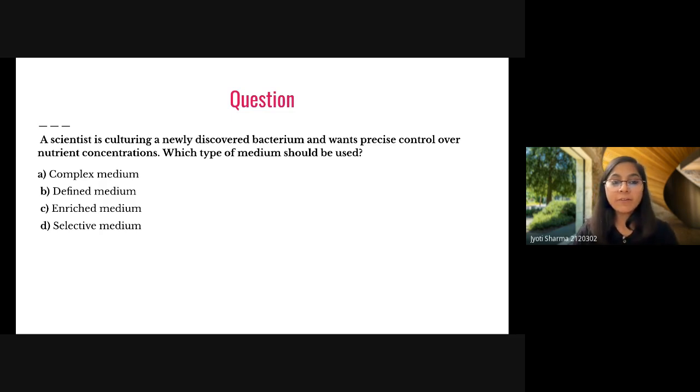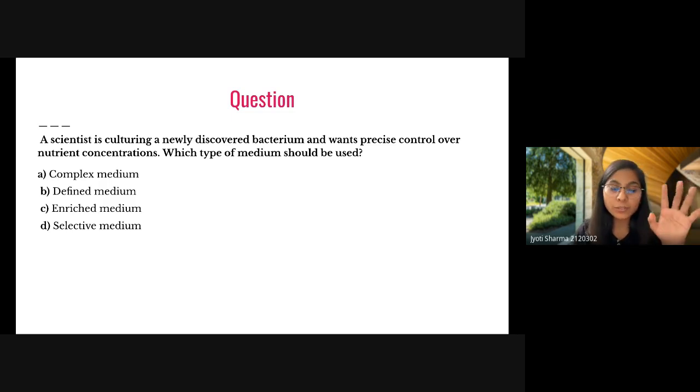When we need a very precise concentration of the nutrient in that culture, what kind of medium are we talking about? We are talking about not selective, Yanindra. This is defined, because in a defined medium we know exactly the chemical composition of the medium. It could have been the selective medium, but why is this not selective?